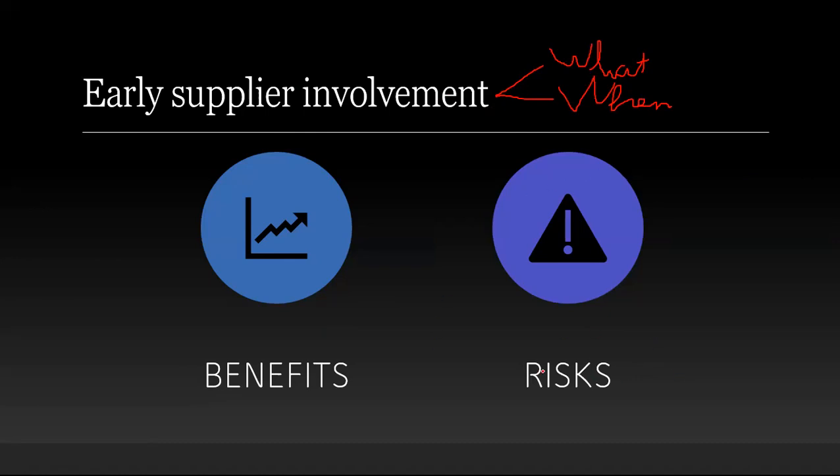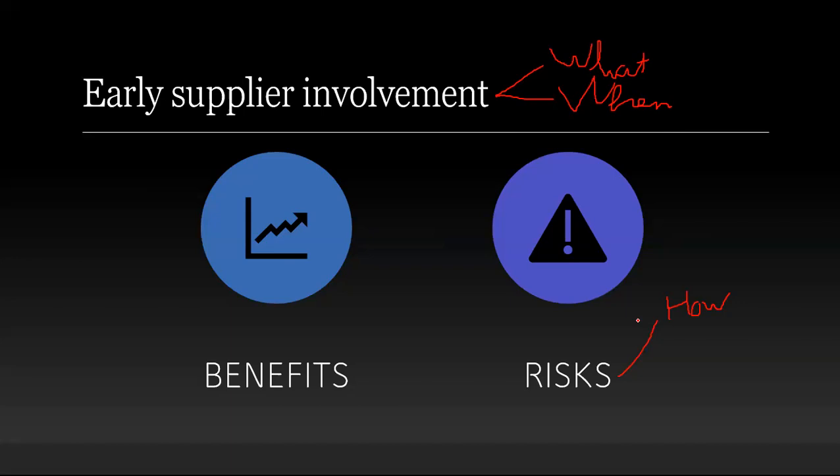And after that, for example, if you are talking about the risk, then you also need to talk about how to manage that risk. For example, early supplier involvement has a risk of loss of intellectual property rights. So how do we manage that risk?